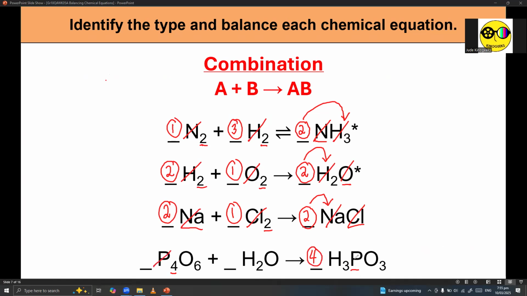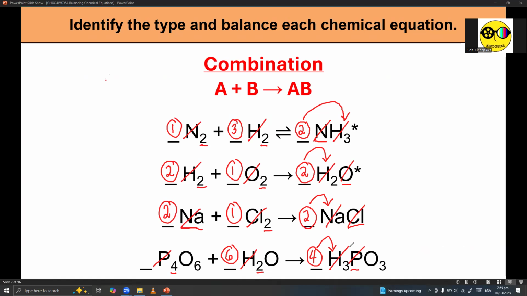So, phosphorus is okay. Then, beside number 4 on the right side is H3. So, you have 12 hydrogen atoms at the right side, and you only have 2 hydrogen atoms at the left side. So, for 2 to become 12, you have to multiply 2 by 6. Therefore, we put 6 as the coefficient of H2O. And as a consequence, hydrogen is balanced.